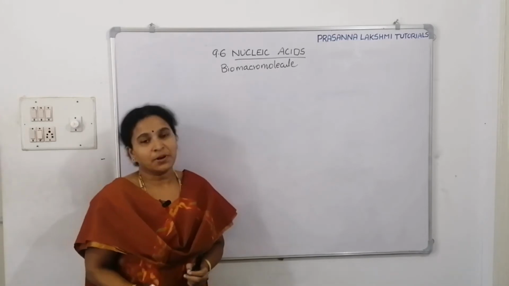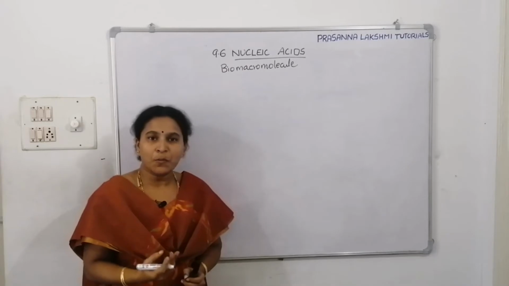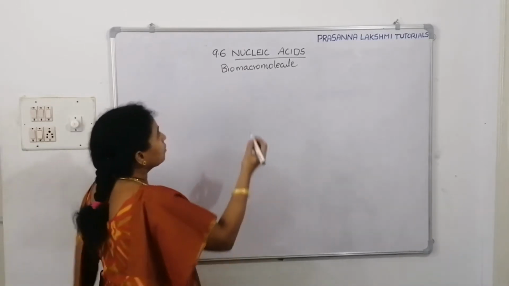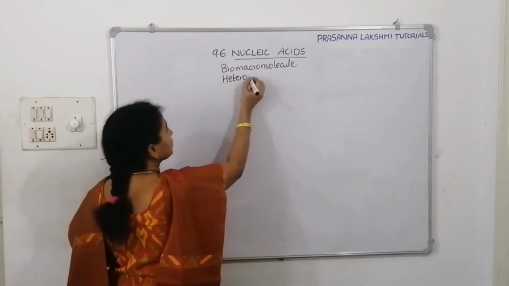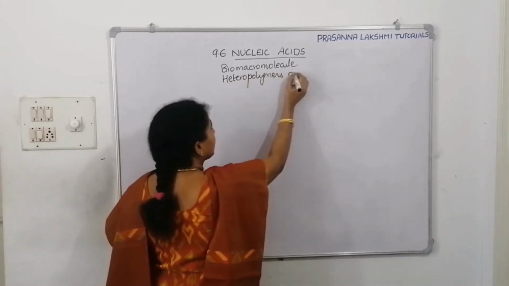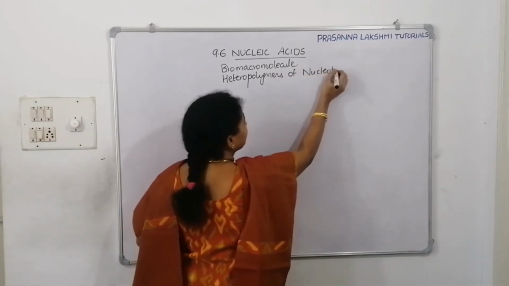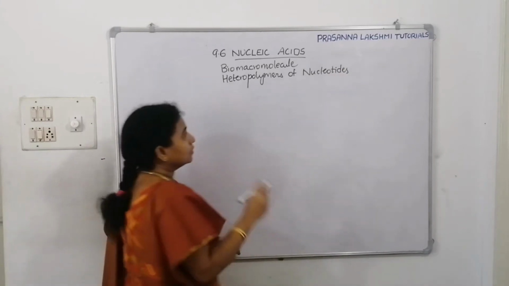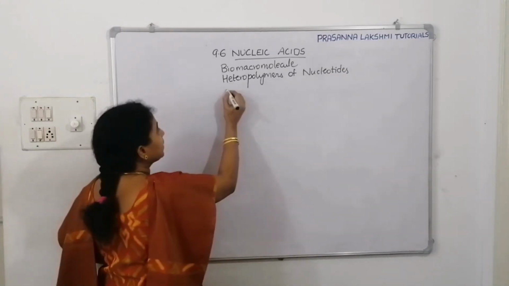And the next question we have to ask is, is it a homopolymer or heteropolymer? Nucleic acids are heteropolymers of nucleotides. A chain of nucleic acid is called a polynucleotide.